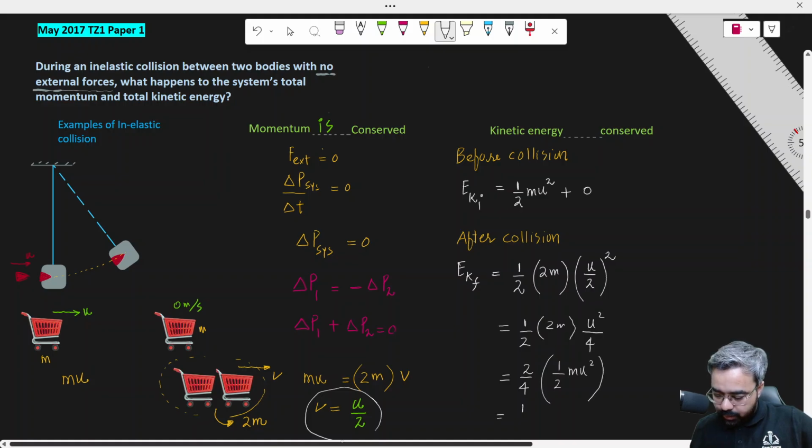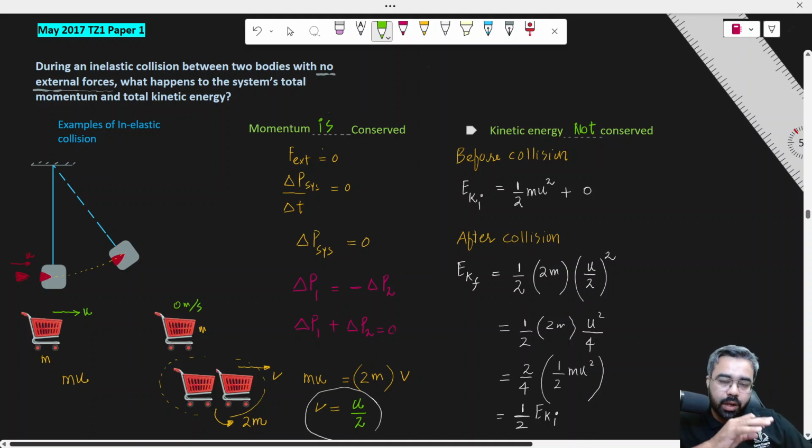And we get an interesting result: 1 over 2 of the initial kinetic energy. So the final kinetic energy is reduced to just one half of the initial kinetic energy, which means kinetic energy is not conserved during the inelastic collision.